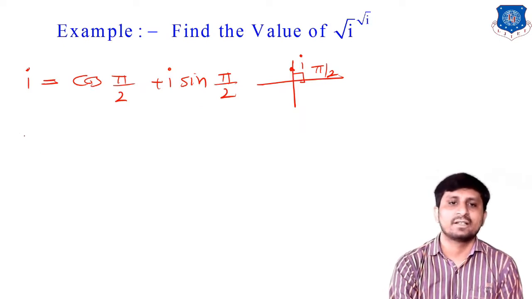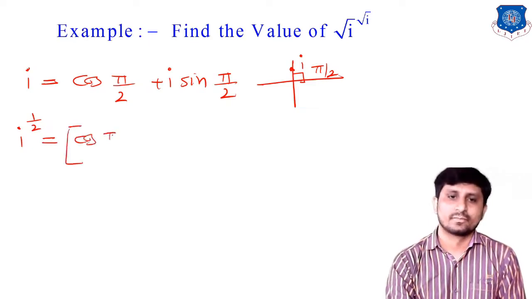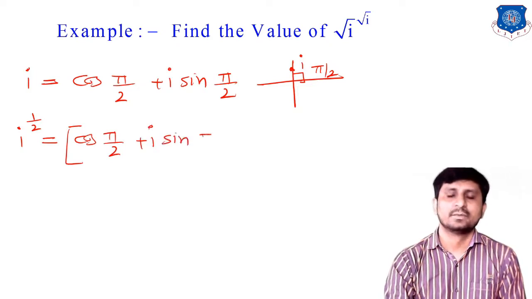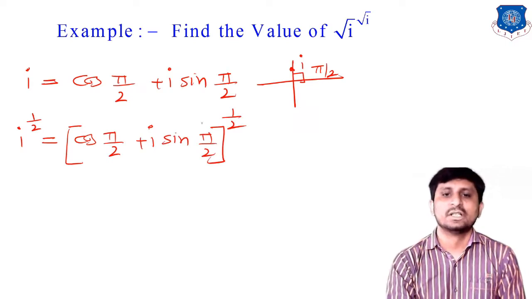Now I want to write root i. Root i means i raised to 1 by 2. So that can be written as cos pi by 2 plus i sin pi by 2 raised to 1 by 2. So this 1 by 2 I can multiply with this angle.